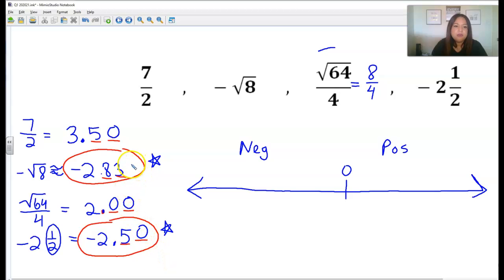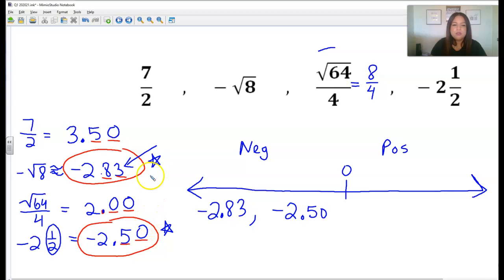The farthest away from 0 should be this one, because on the positive side, that one would be farthest away, and it should be the same distance on the negative side. So over here on the negative side, negative 2.83 is the farthest away from 0. And I only have one more negative number, so next belongs negative 2.50. Okay, so I'm done with my negative numbers.